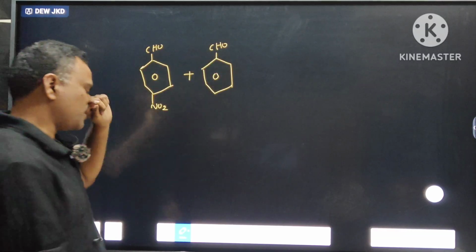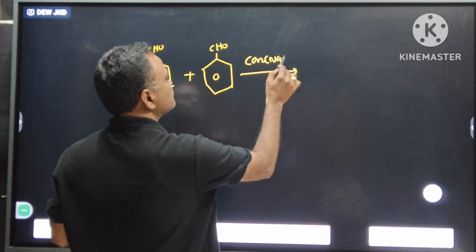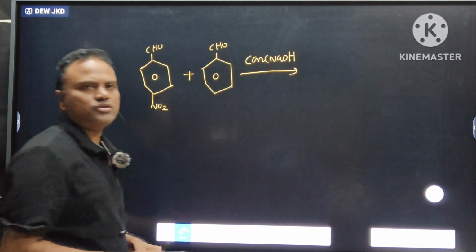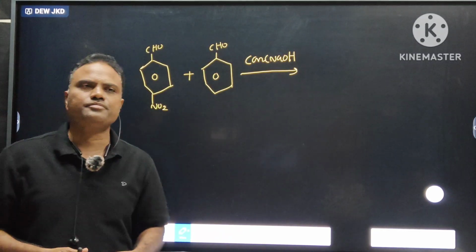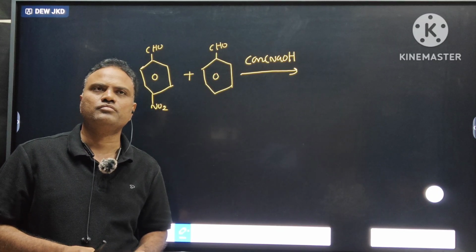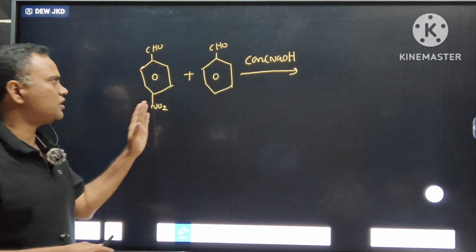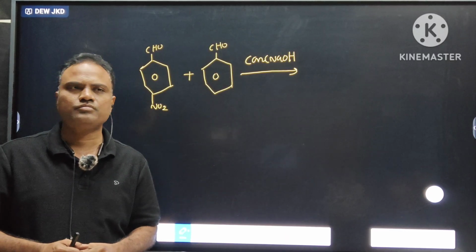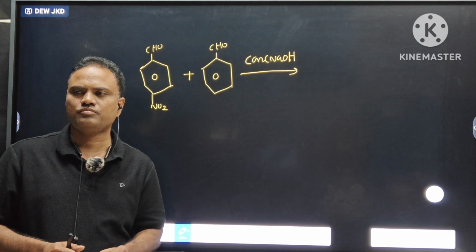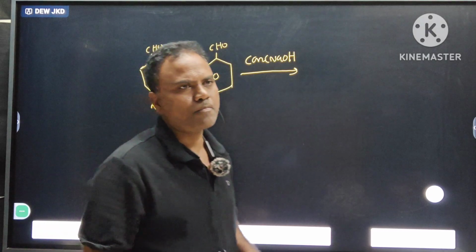This one and this one, which will convert to acid? Yes, online students. Concentrated NaOH. First one, why? Why is the first one converted to acid? Because of the Cannizzaro reaction. What is the key step?